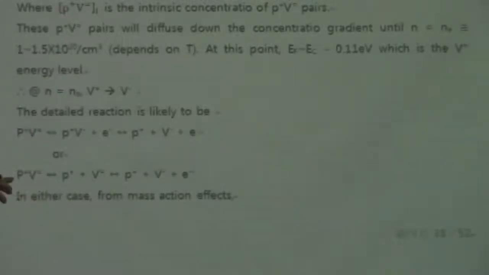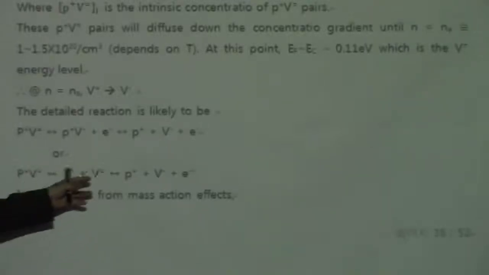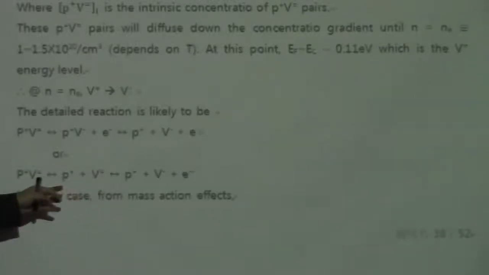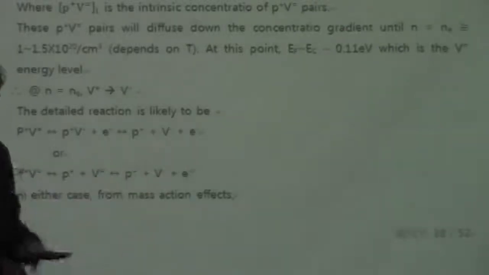Or this one can directly go into the P plus and V double minus dissociation. Afterwards, this doubly negatively charged vacancy is going to dissociate, give up one electron, and itself become singly negatively charged.